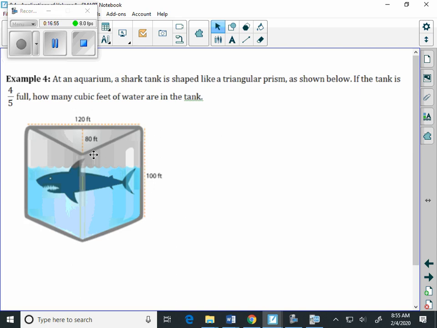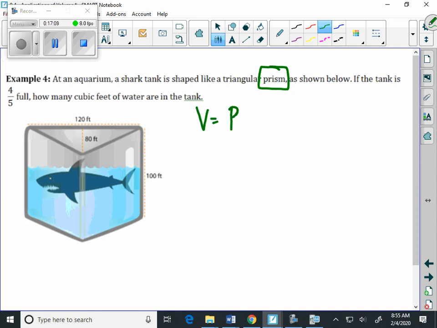So, when we take a look at this one, what we need to know, and it even tells us in the problem, is that we're working with a prism. So our general prism formula is the area of the base, big B, times H. So we're going to start with finding the volume of the entire tank.